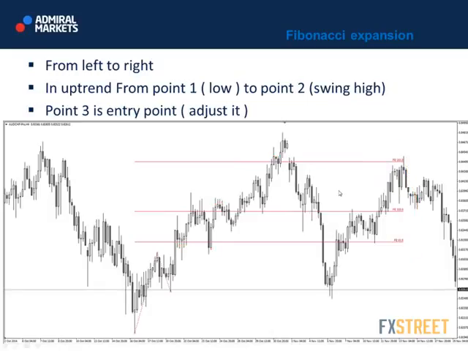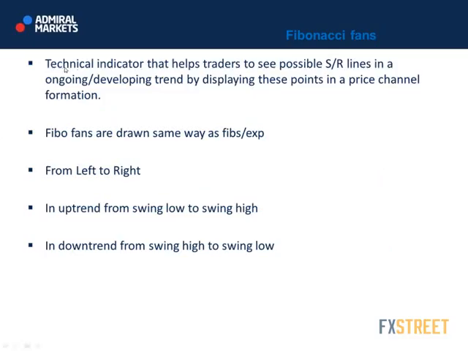Okay, now we will move to technical indicator called Fibonacci fan. Okay, this is an indicator that helps traders to see possible support resistance lines in ongoing or developing trend by displaying these points in a price channel formation.